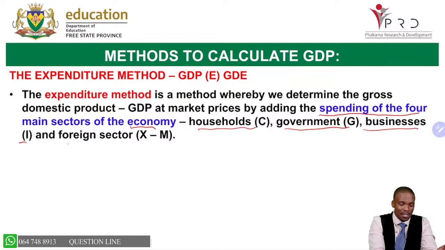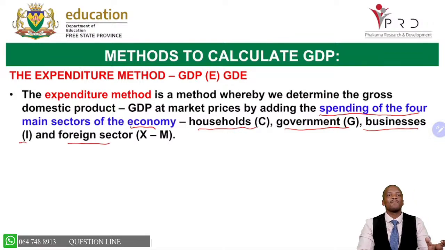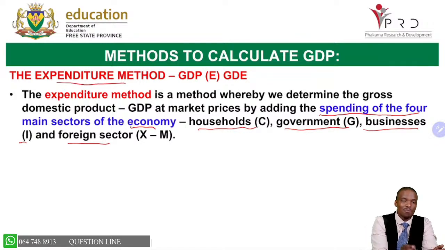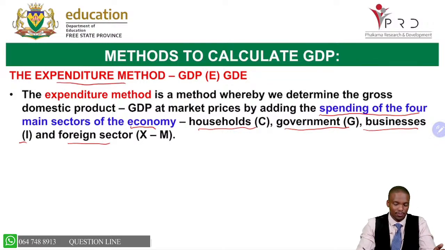And then we also look at the situation where we say the net values. Remember the foreign sector or net figures, exports minus imports. So when you see this, you know that here we are looking at which method? The expenditure method.